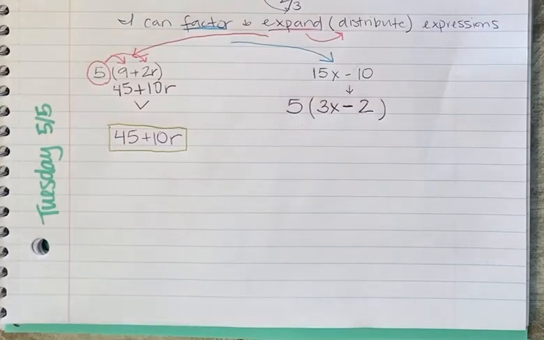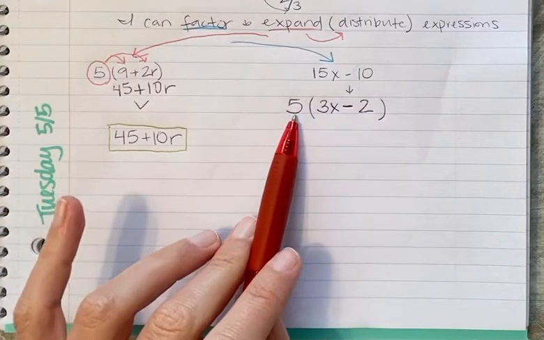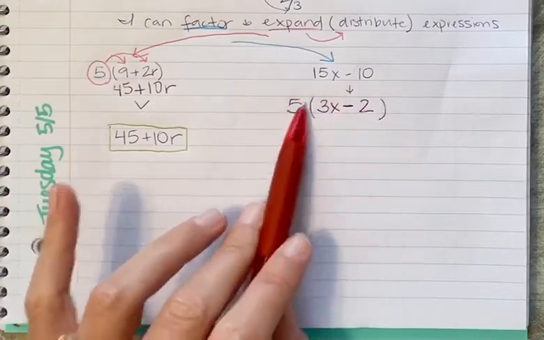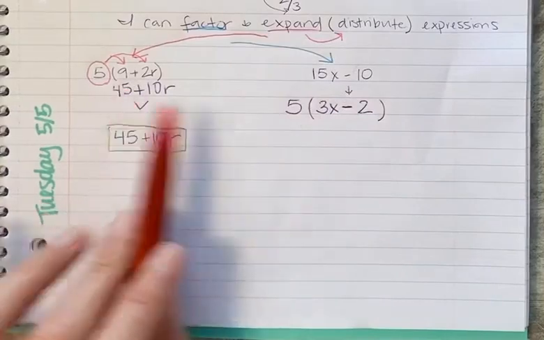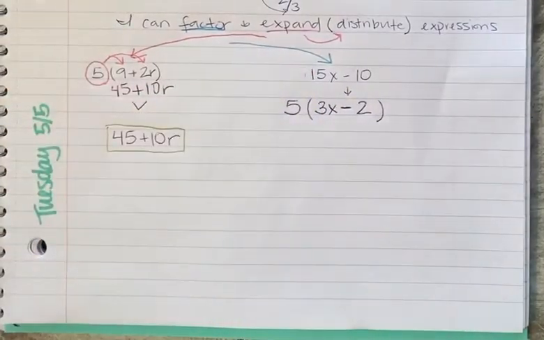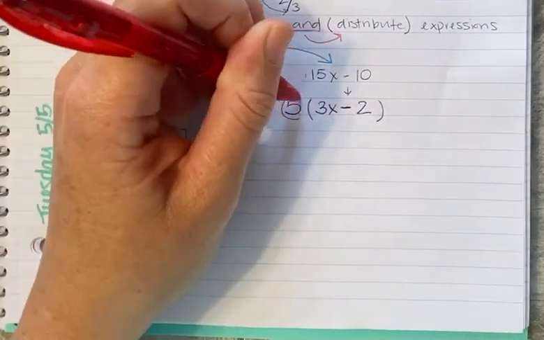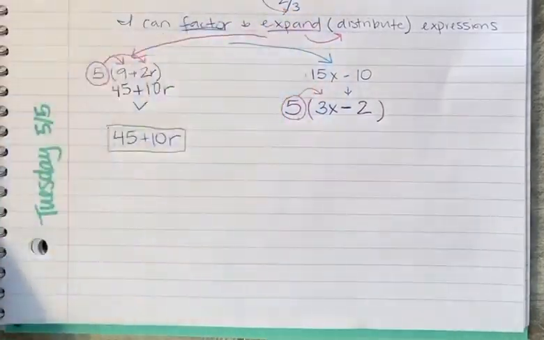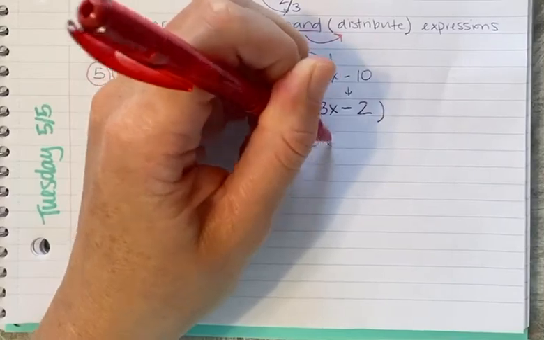Now, something that I forgot to mention in the first example is that we can always check our work here. Okay, you don't have to just guess if it's right or not. If I were to now expand this expression, expand what we just did, let's see if it comes back to our original expression. So if I were to expand or distribute, 5 times 3x is 15x.